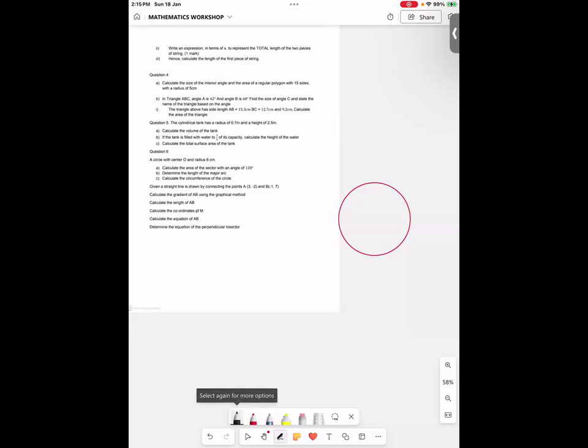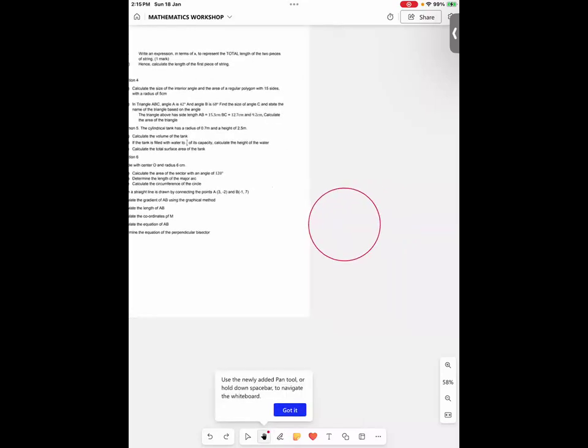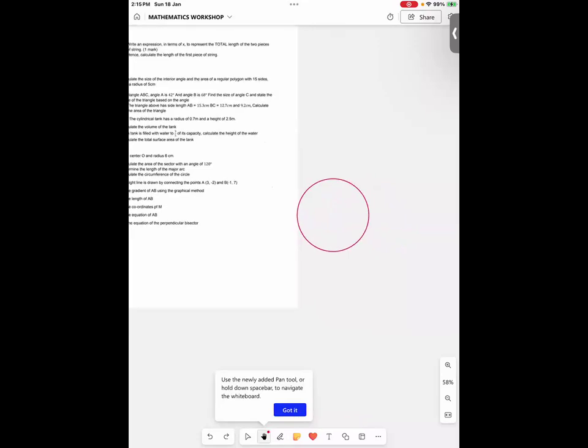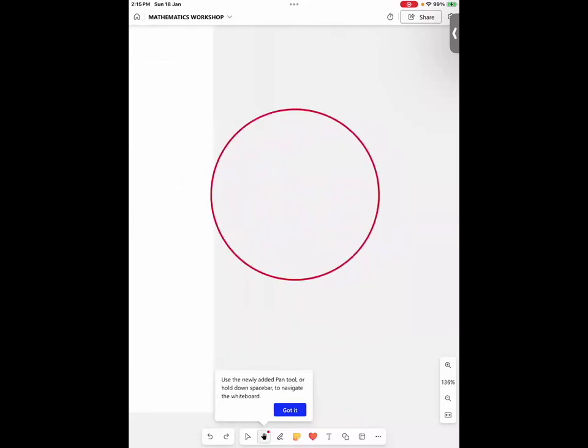And the circle has a center, which is right there. I've dotted it in black. I'm going to draw a line from here to the circumference. Oops, don't like how that looks. All right, good. Let me see if I can zoom it up better.